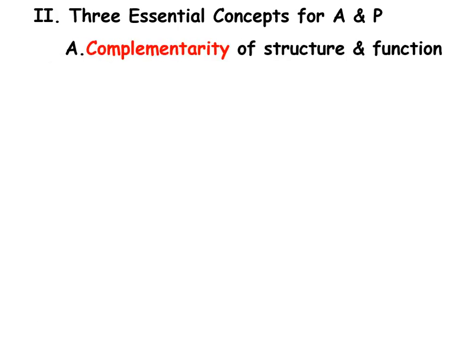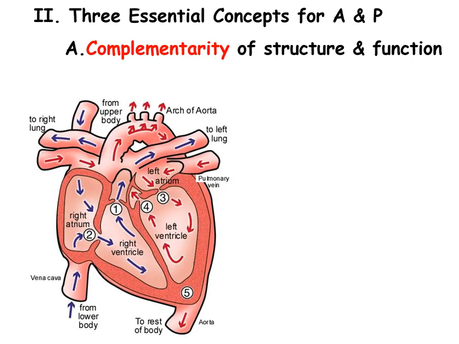There are three essential concepts in anatomy and physiology. The first one is complementarity. Complementarity of structure and function means that structure and function complement each other. The heart is made with 4 chambers so that it can receive blood from the body in the right chambers, and then it can send blood to the body through the left chambers.